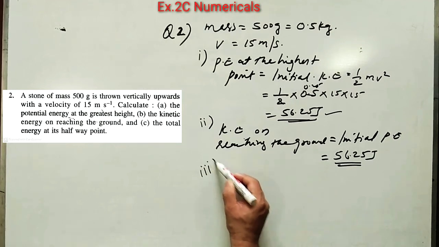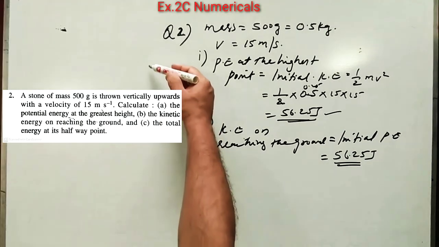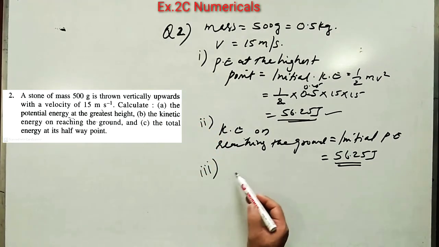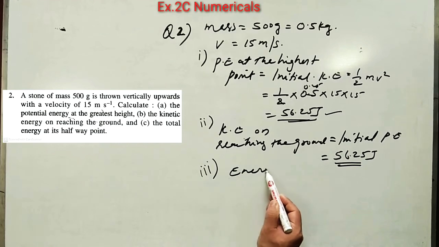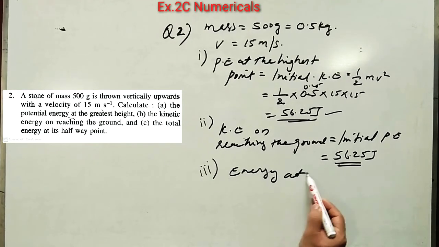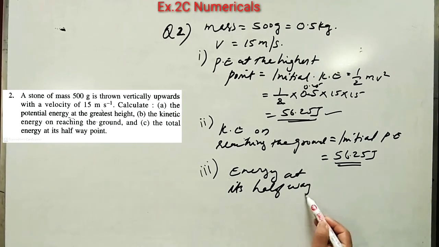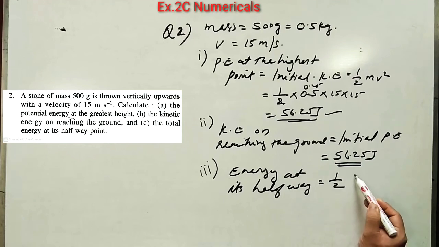Now in the third part, what is the total energy at its halfway? On the halfway during the free fall, the energy possessed by the body at its halfway is given by half of the sum of its kinetic energy and potential energy.